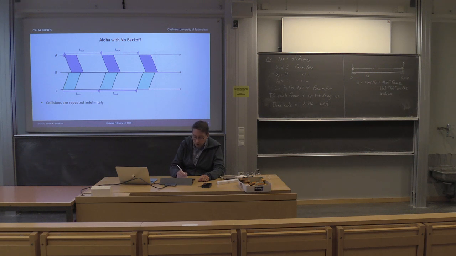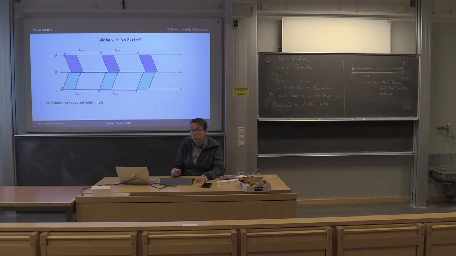And suppose station C gets a frame from its upper layer at this point in time, we see that these frames would then collide at station B. And suppose station B is the recipient of these packets. So there will be a collision here, no acknowledgements will be sent back, which means that after a timeout, station A would transmit again if there is no backoff, but station C would do the same thing. And we see that we keep on colliding here.